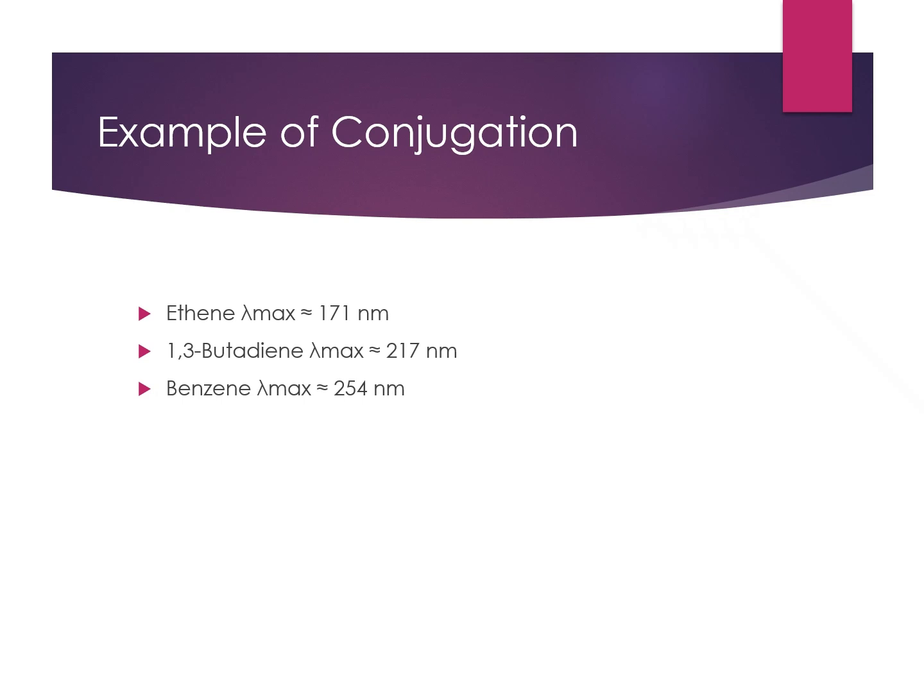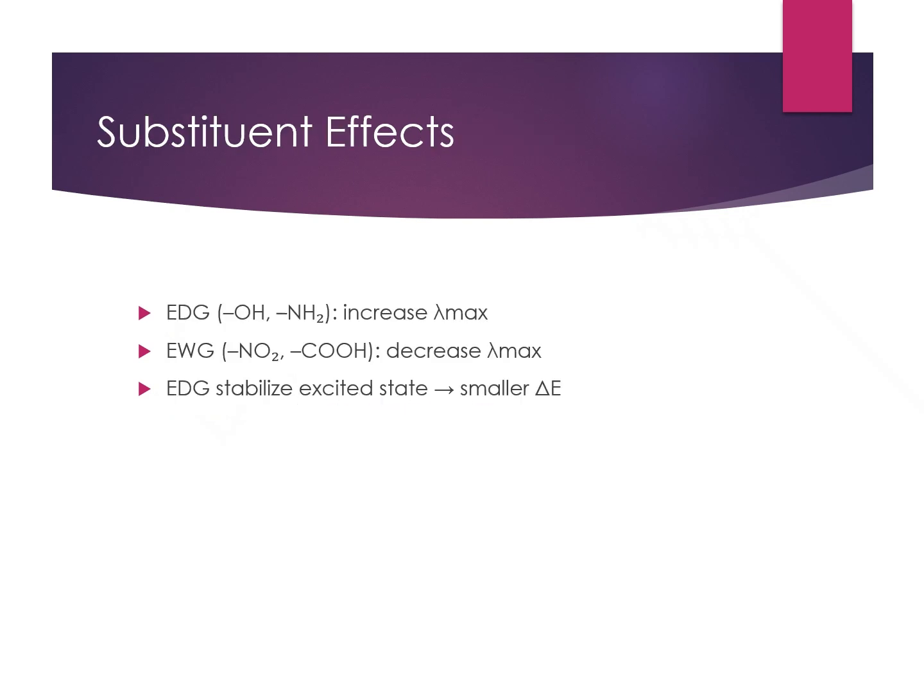As we discuss here, the ethene lambda max is at 171 nanometer, while 1,3-butadiene lambda max is at 217 nanometer. And if the delocalization of electrons increases, then benzene lambda max shifts towards 254, a longer wavelength.